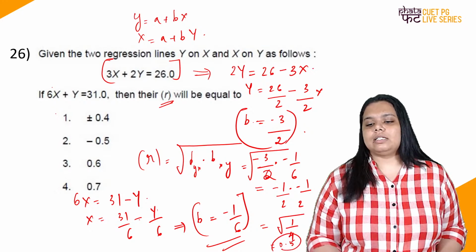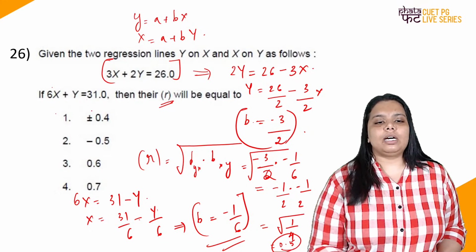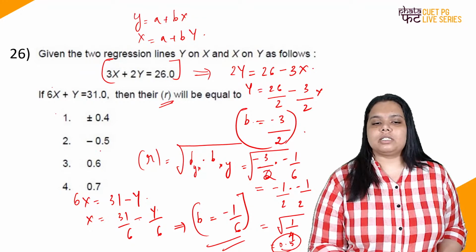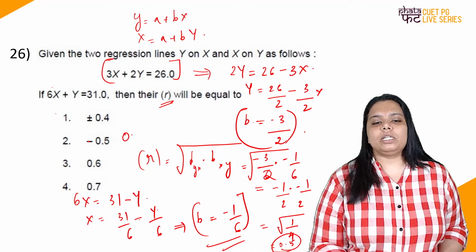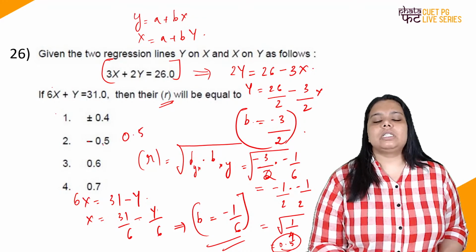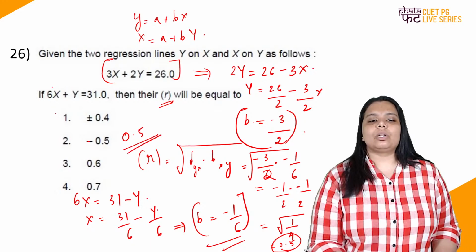So the correct answer is 0.5. In the options it may be negative, but the correct answer is actually 0.5, not negative 0.5.